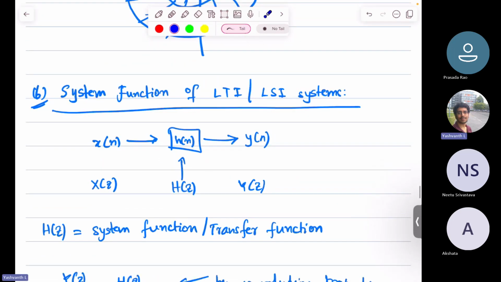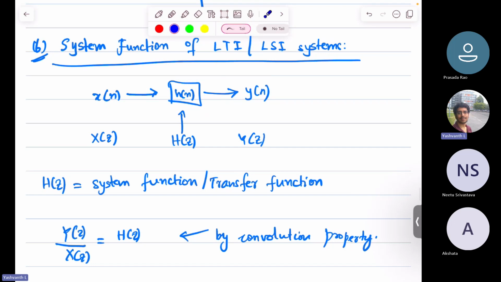Now going to systems: the system function of an LTI or LSI system. If you have a signal x of n as input to a system with impulse response h of n, and you get the output y of n, then by the convolution property of the Z transform, X of z multiplied by H of z is equal to Y of z.